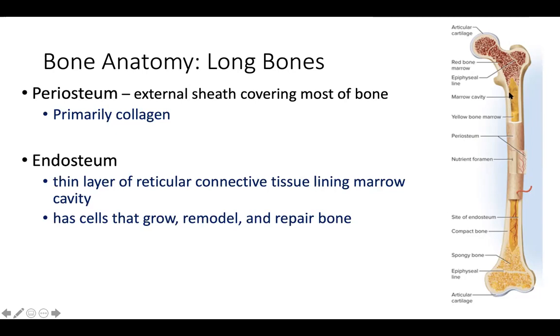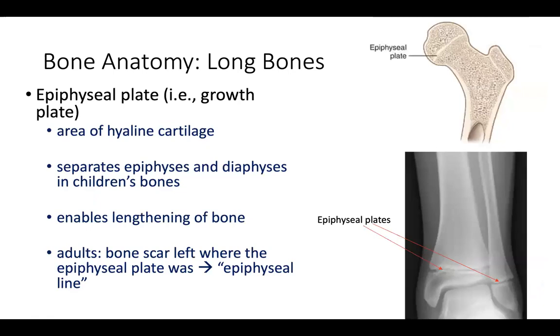So for you guys on Zoom, this lining here along the marrow cavity would be the endosteum. The outside is the periosteum. These terms get really confusing really fast, and a lot of them sound really similar. Okay, those are the two linings that you need to know.